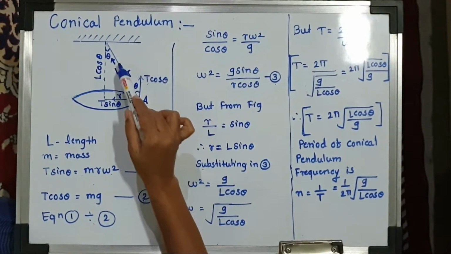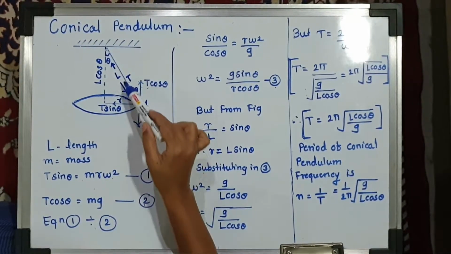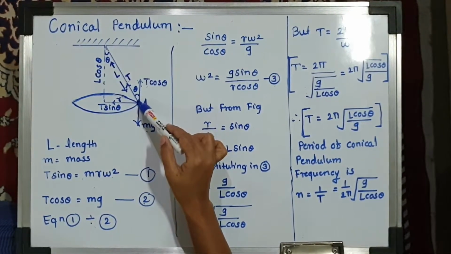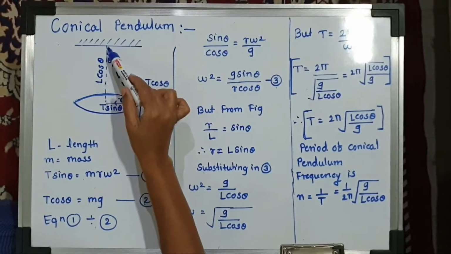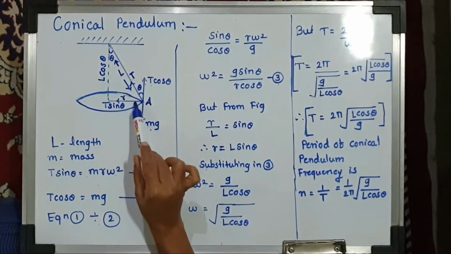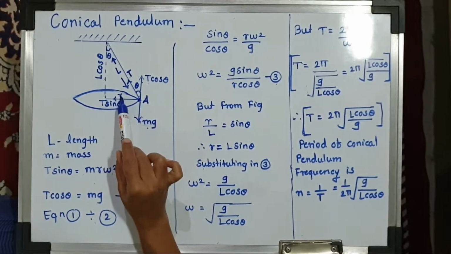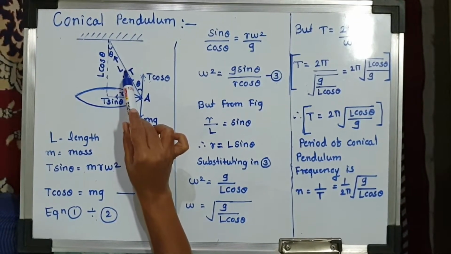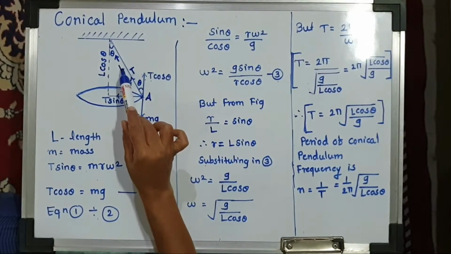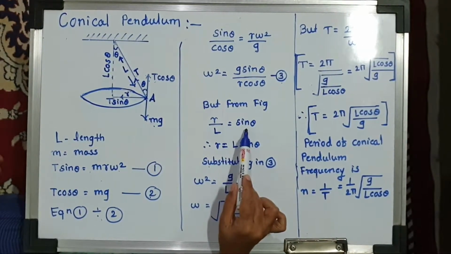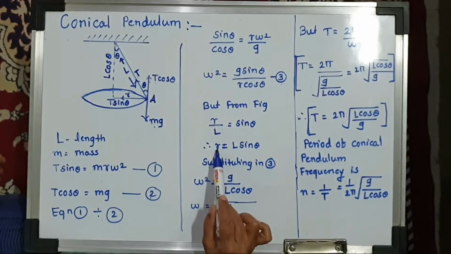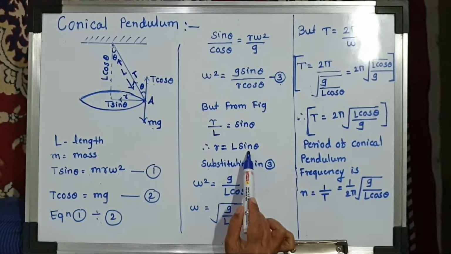But from the figure, see this triangle. This one is a right angle triangle. L is the hypotenuse, this one is the height and r is the radius. Now r upon L: r is the front side, L is the hypotenuse. Front side divided by hypotenuse is nothing but sin theta. Therefore r equals L sin theta.